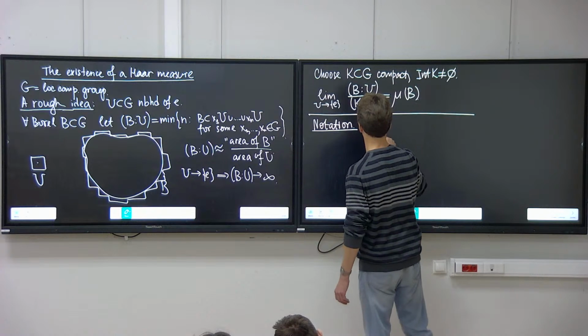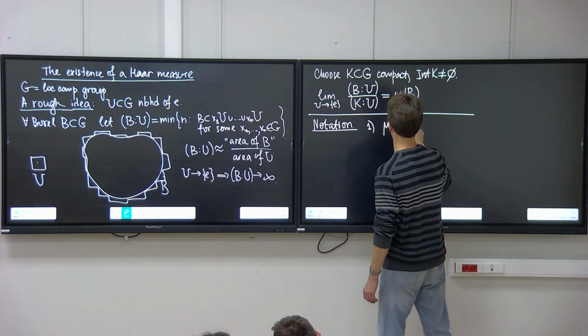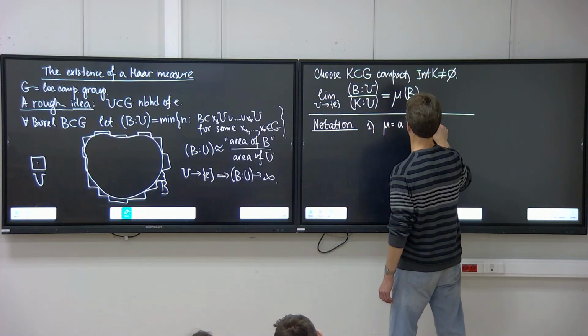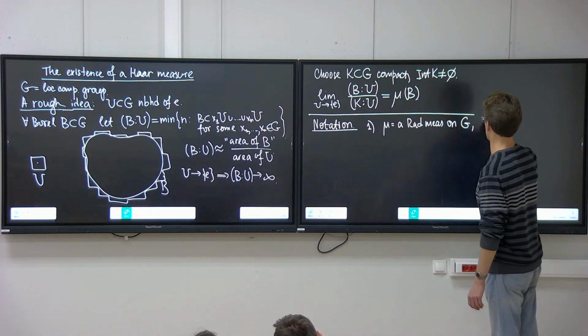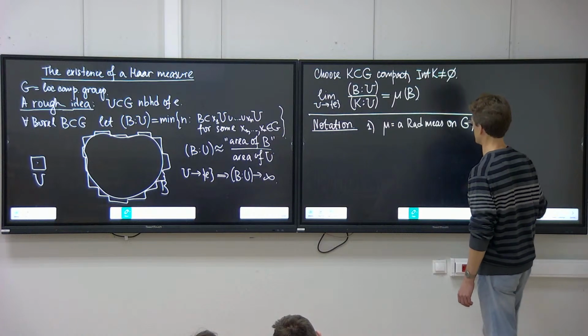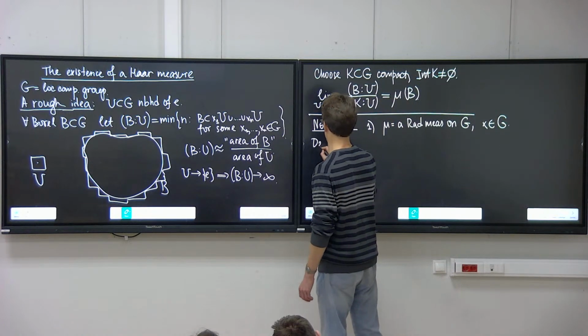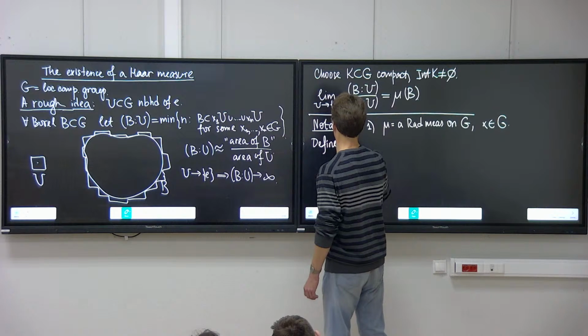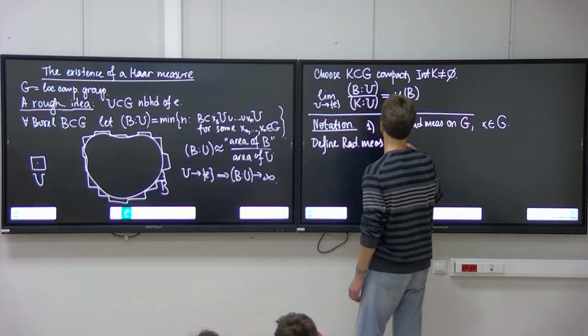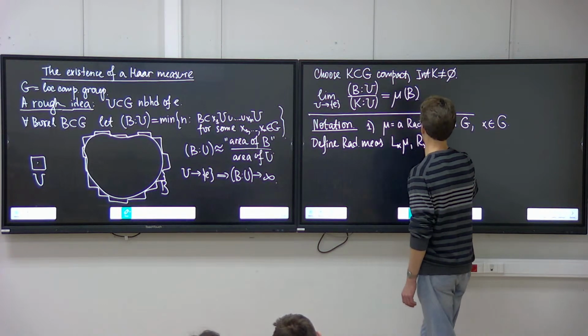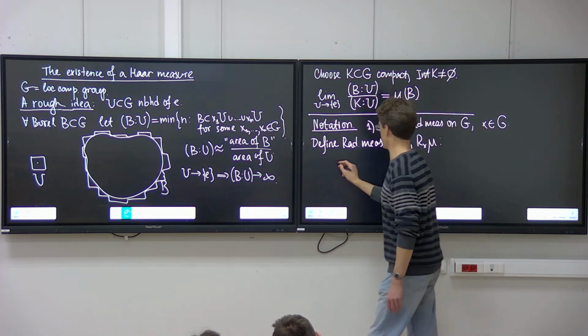First of all, if mu is a random measure on G, and x is a point in G, let's define two random measures, Lx mu and Rx mu, as follows.